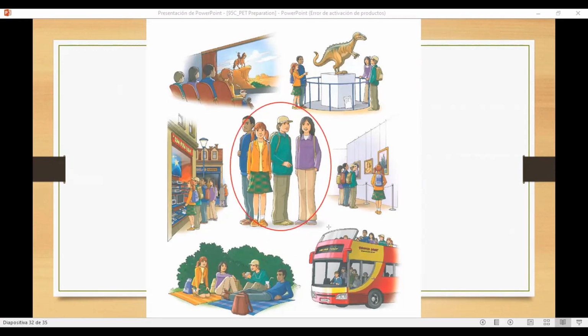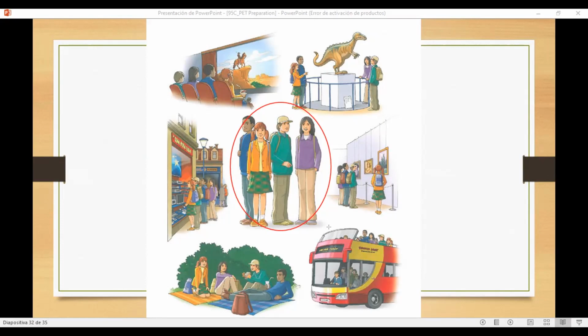Okay, so they have like vacations, just 1 day of vacation, and they are planning to go and do something together. Which activity do you think is the best for these 4 students over here? Discuss with your classmate which activity do you think these 4 students should do in their free day.